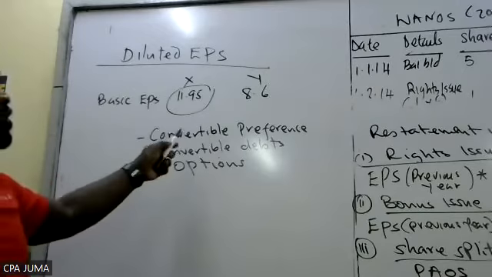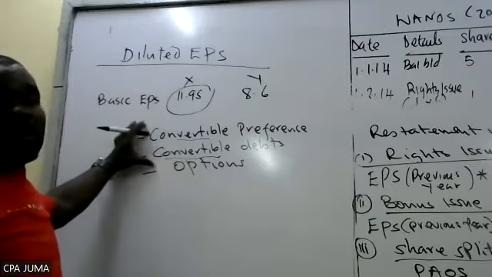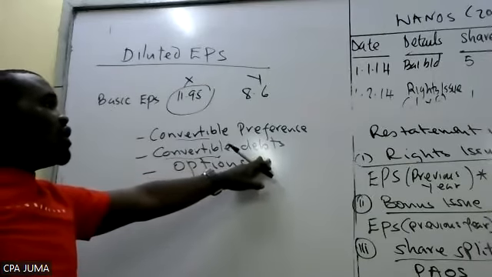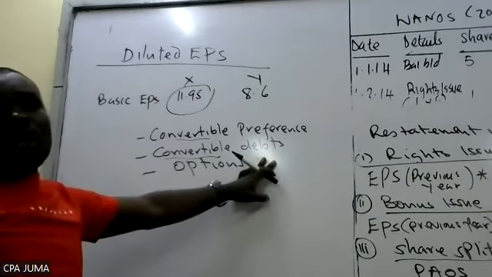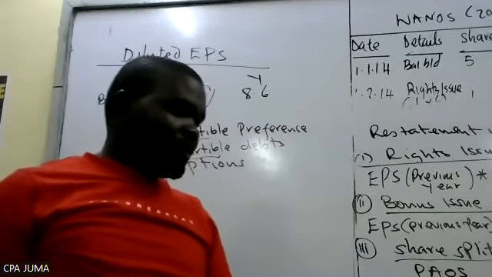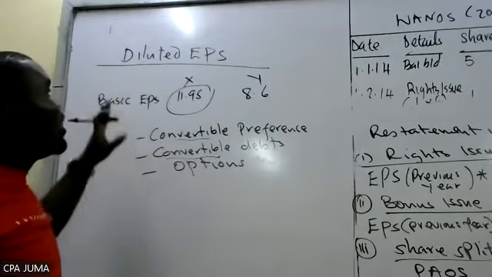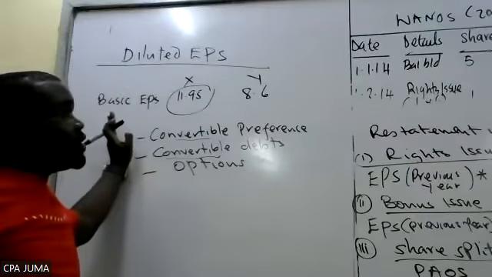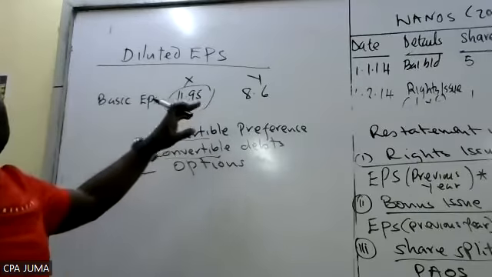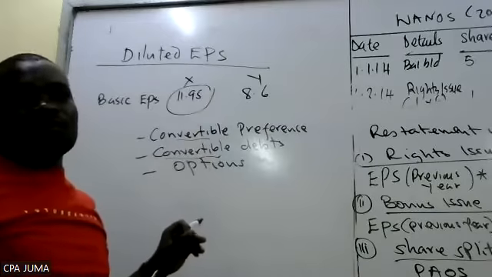You know this clause convertible. Convertible means, if it is debt, it means these people took a loan and they will not pay. The day the loan is due, these people will convert that loan amount into ordinary shares. Preference shareholders, we agree, they wait a little, then they convert their preference shares into ordinary.